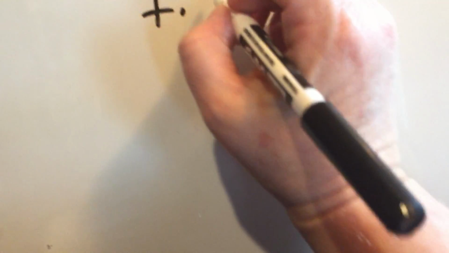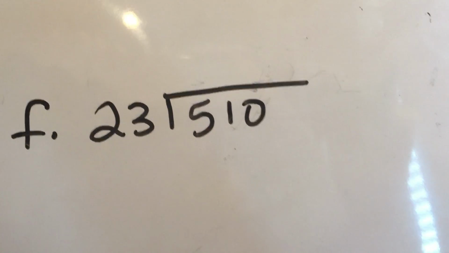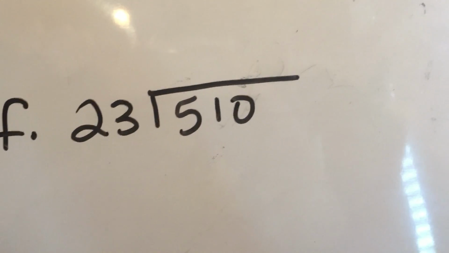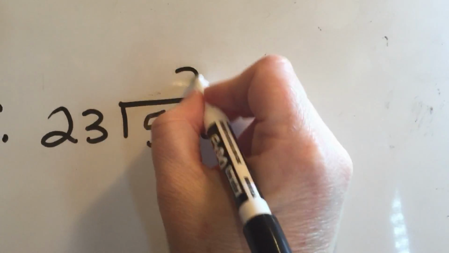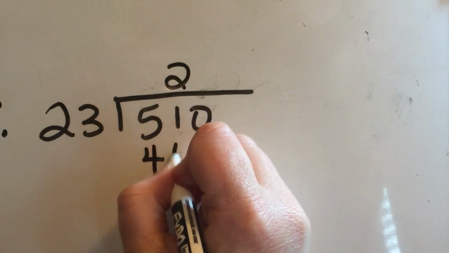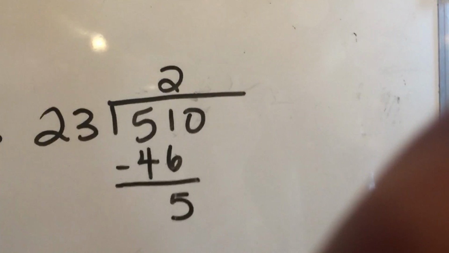F. 510 divided by 23. Okay, 23 will go into 51 2 times. 2 times 23 is 46. Subtract, you get 5.